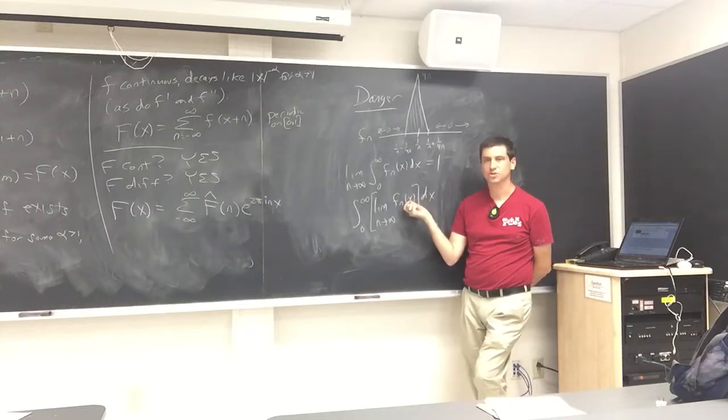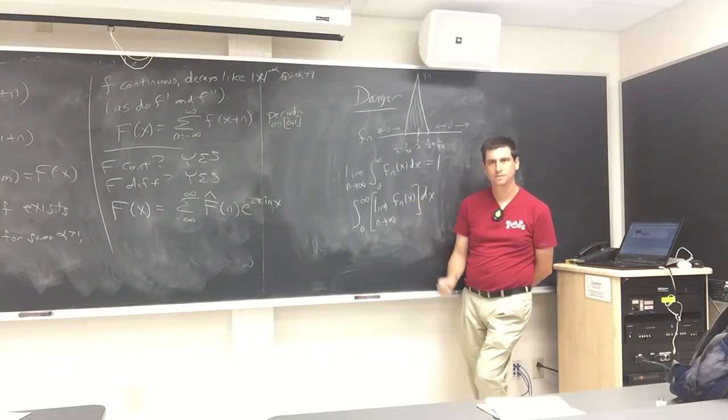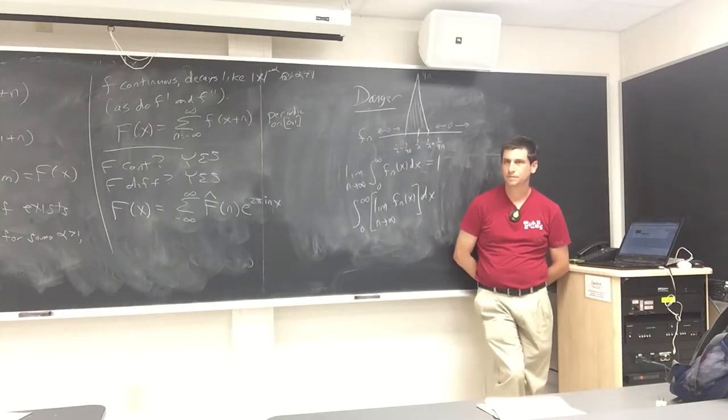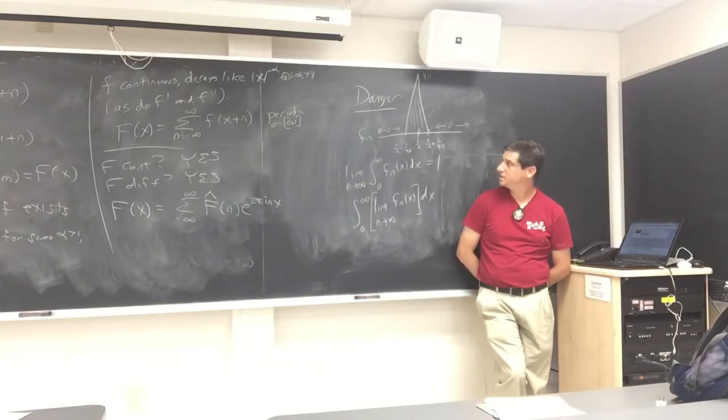What does f_n of x go to? What happens as n gets larger and larger? What does f_n look like?